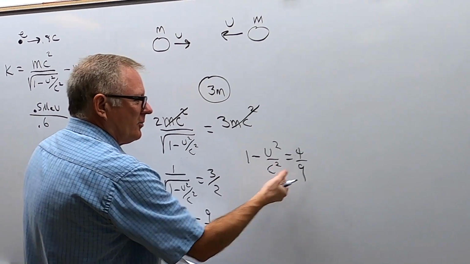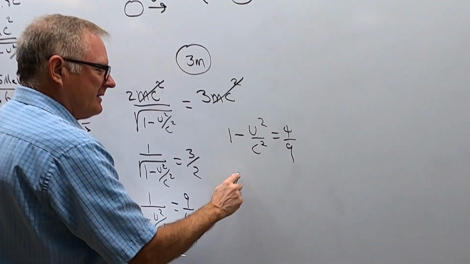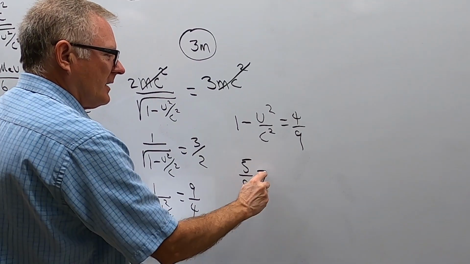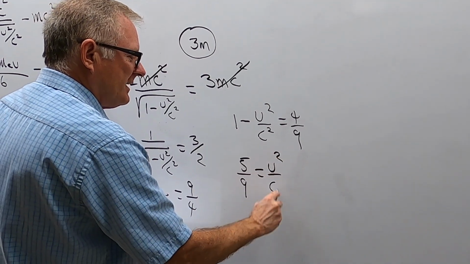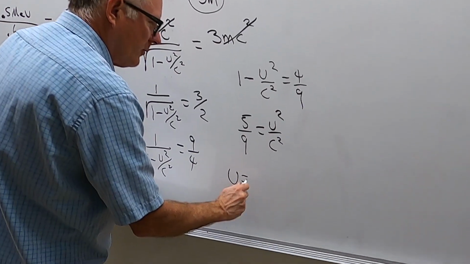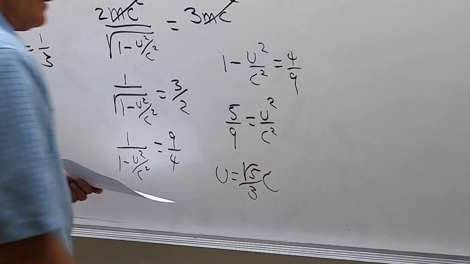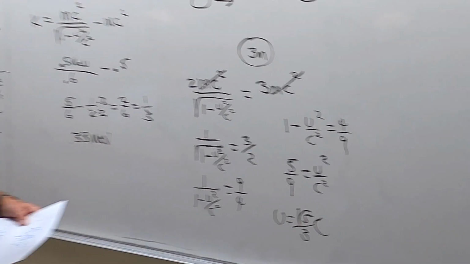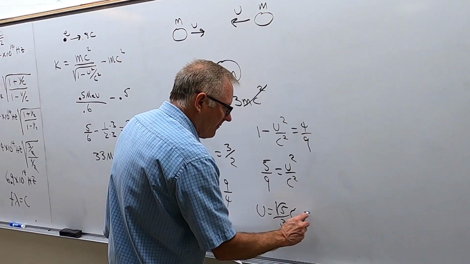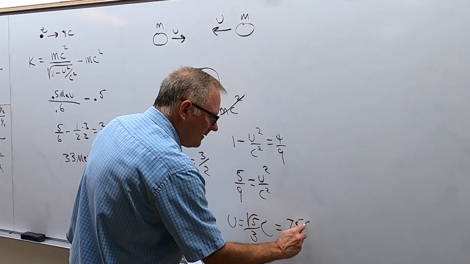Swap these two. 1 minus 4/9 is 5/9 equals u squared over c squared, or u is equal to the square root of 5 over 3 c. And that is about 0.75 c.